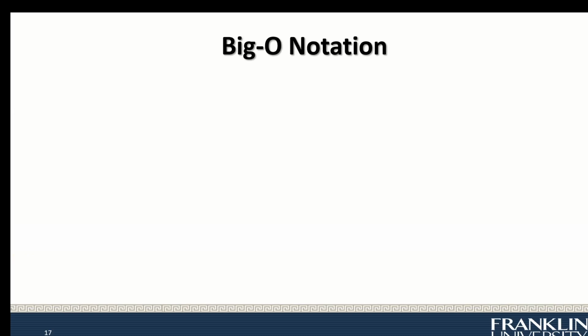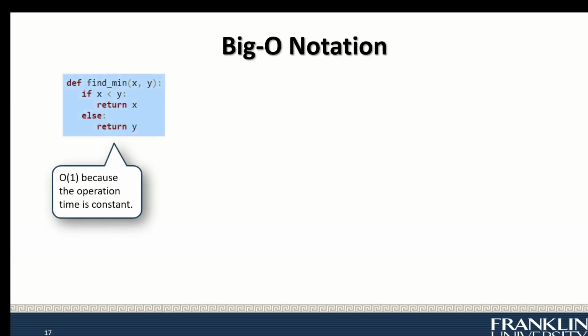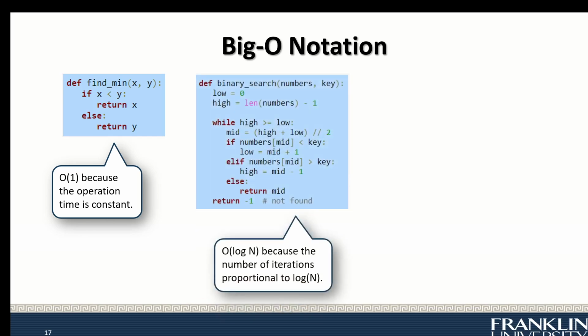So how are you able to tell the Big O notation? Here, this one is O of 1, because all of these statements have a constant running time. There's no loop, for one thing. When you have a loop like here, this is O of log n. This is a binary search. The loop does not go from low to high.